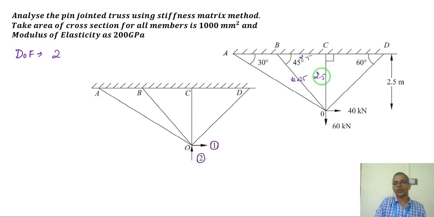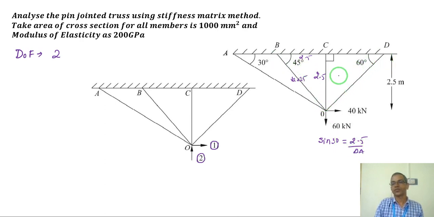So the opposite side is known to me. I can find the length using sine: sine 30 equals 2.5 by the diagonal, let us say OA. So OA becomes 2.5 by sine 30. Like this we can find the length of each member.